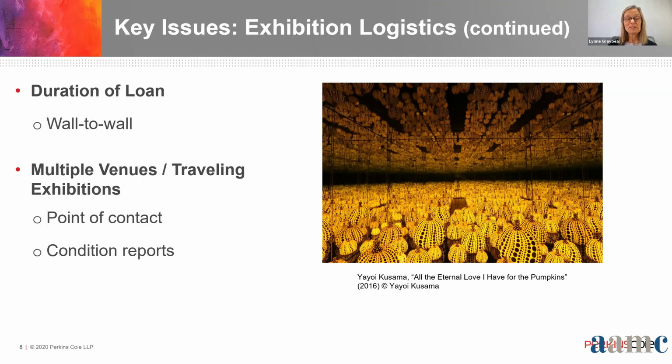And then it traveled to Cleveland and Atlanta. So that would have been a complicated loan to negotiate, and the ending agreement presumably would have looked very different from the form agreement that the museum might have started with.